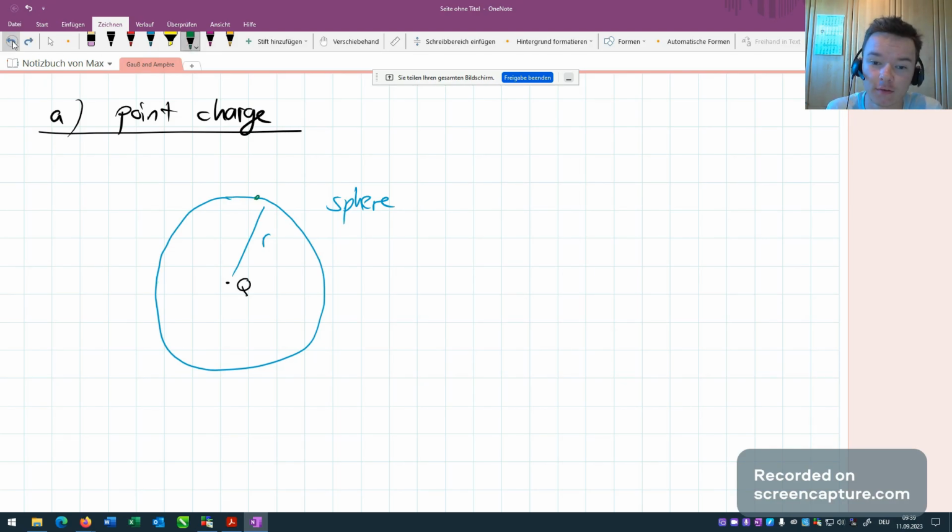There's no reason why it should be different here from here, because space is symmetric. Space is isotropic, which means there's no preferred direction in space. So we can use that in order to use Gauss's theorem. So let's just write it down again. So it's the integral over the closed area, E dA, equals Q divided by epsilon 0.